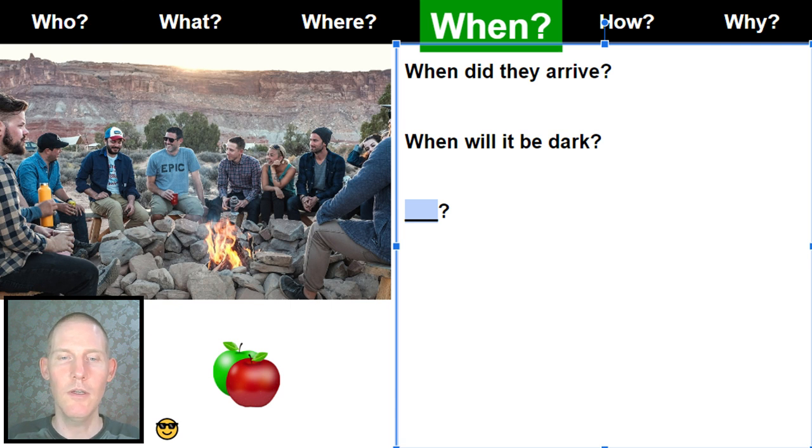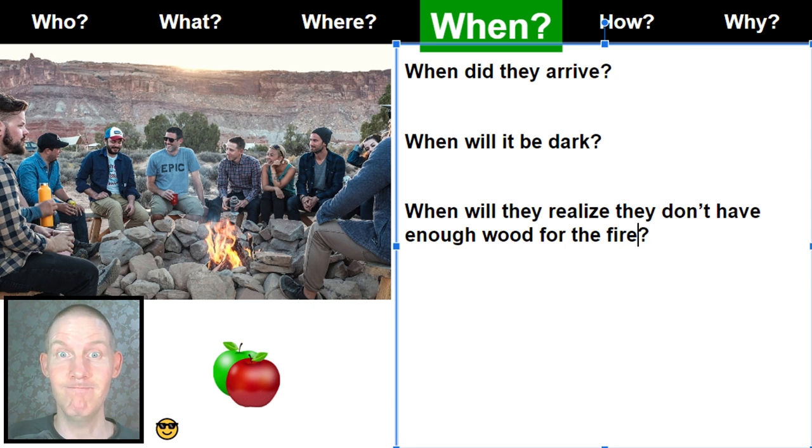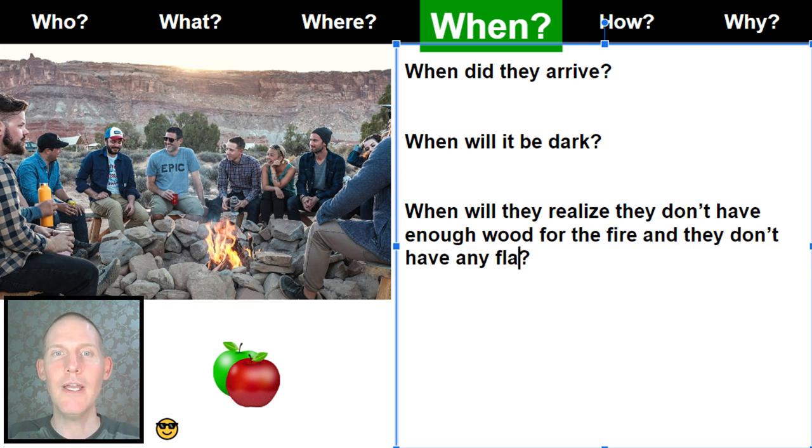Let's see, when will they realize they don't have enough wood for the fire? When will they realize they don't have enough wood for the fire and they don't have any flashlights?